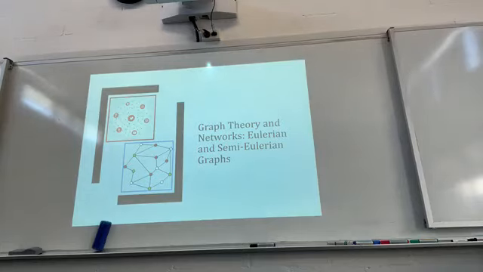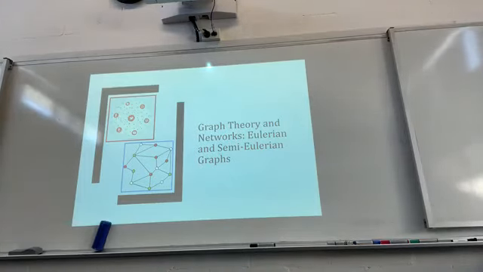So tomorrow we're going to look at Hamiltonian. This week we're concentrating on both the Eulerian and Hamiltonian graphs. So we're going to start off with Eulerian graph. Now notice that I have got Eulerian and semi-Eulerian graph.